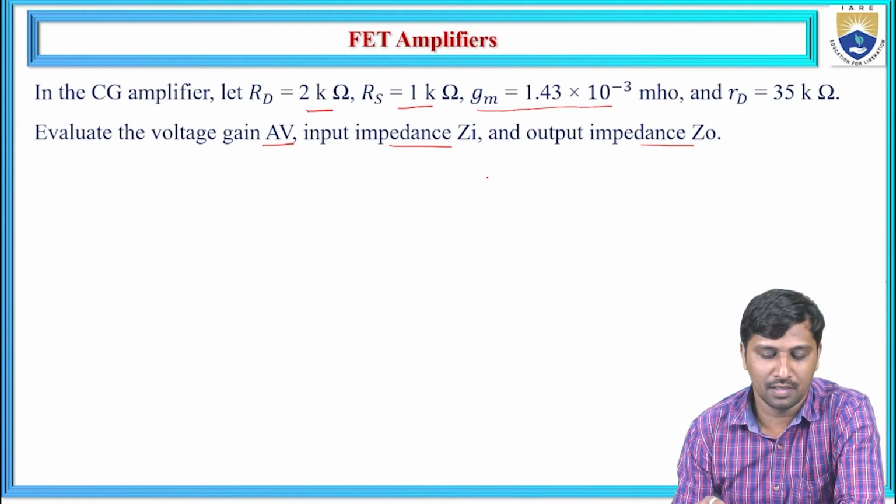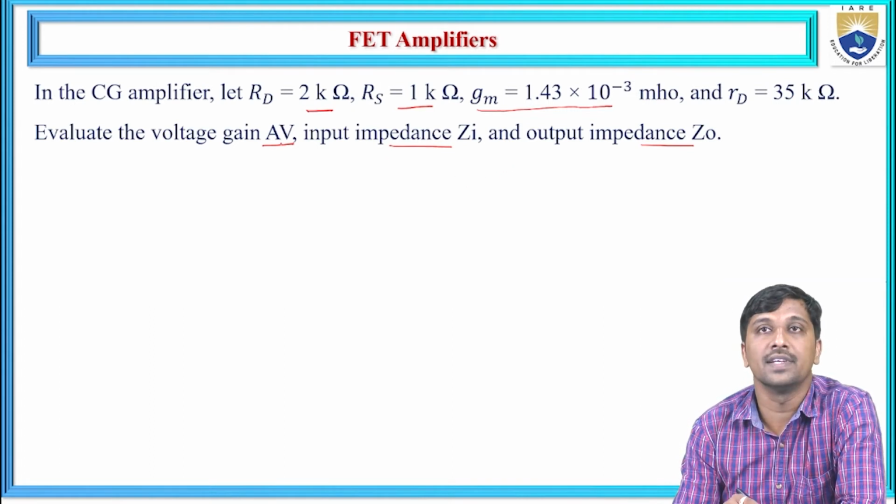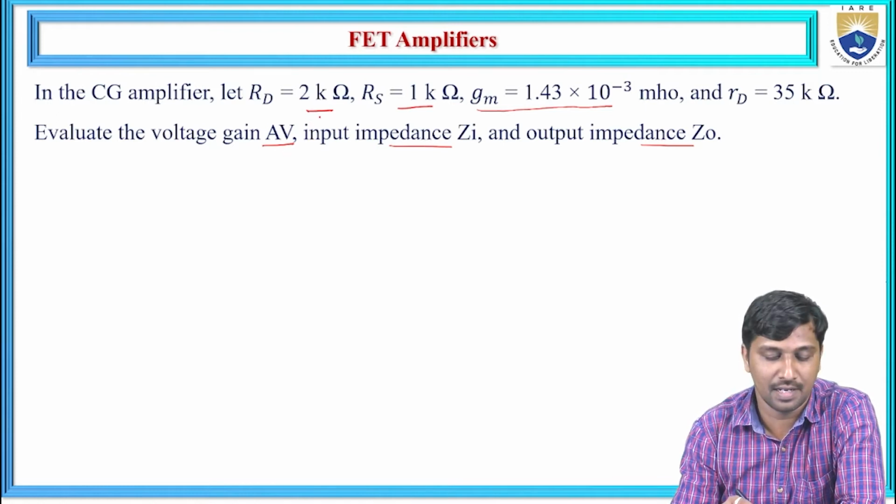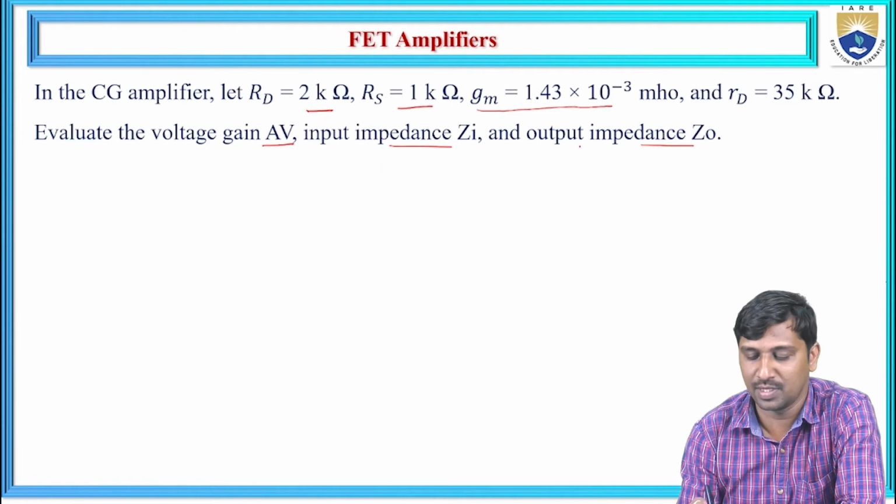Based on these given specifications, which are related to the common gate amplifier, we need to solve for the voltage gain, input impedance, and output impedance.